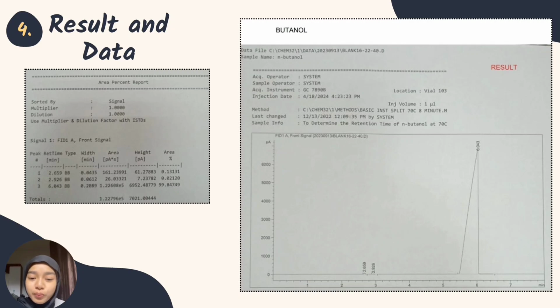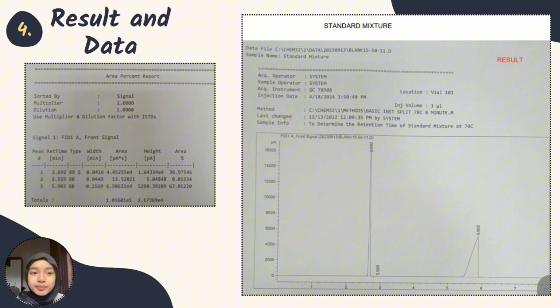Two very small peaks at 2.66 and 2.93 minutes, each contributing less than 0.2% of the area, likely represent minor impurities or residual solvents. The sharp and symmetrical main peak confirms good separation and accurate detection, making this retention time a reliable reference for identifying N-butanol in another sample.